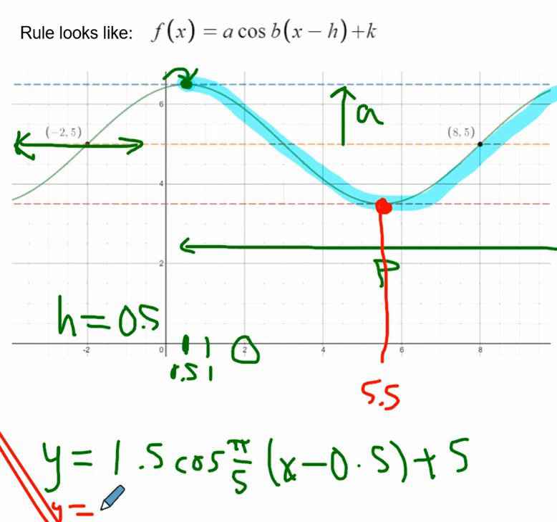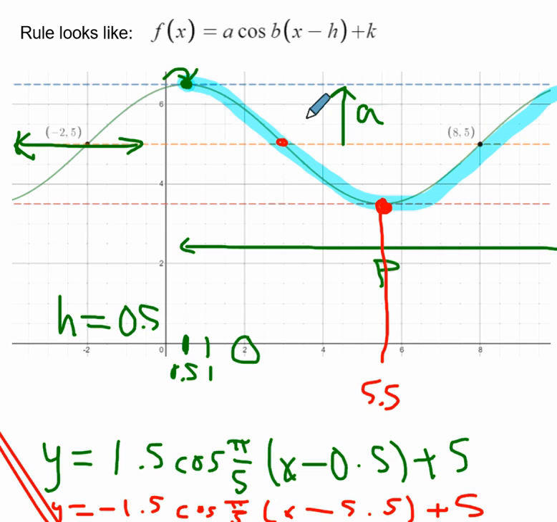It would be minus 1.5 cosine pi over 5 x minus 5.5 plus 5. So you can see that there's lots of rules that we could decide to use. It was the same with sine. I didn't talk about it in the sine, but you could have decided to start here and use a negative sine, for example.